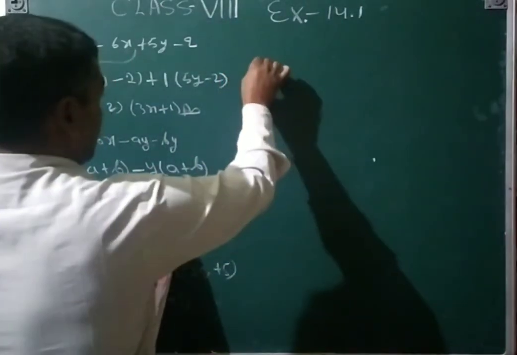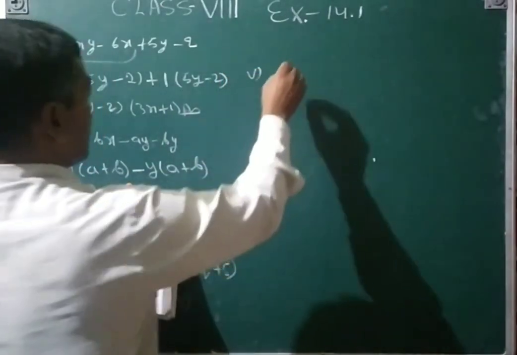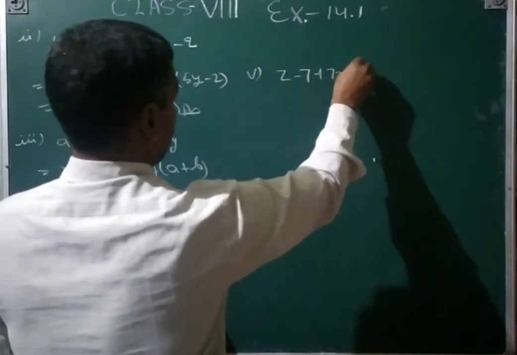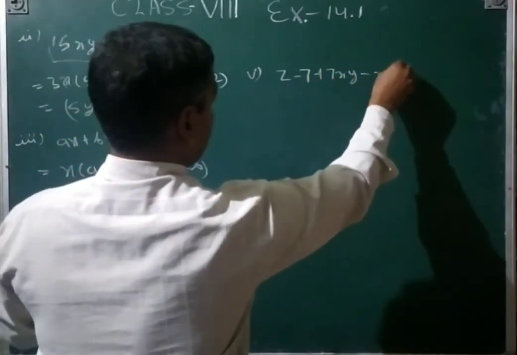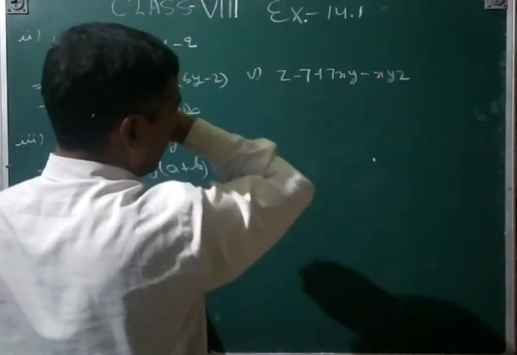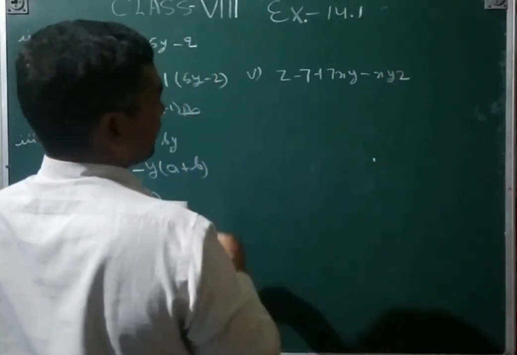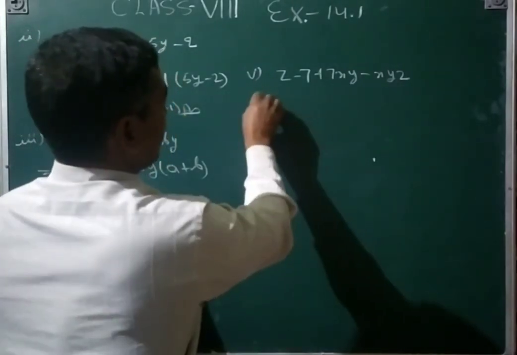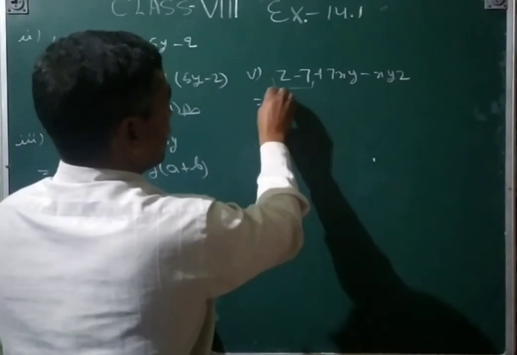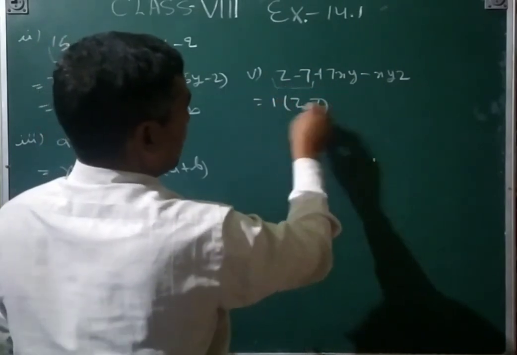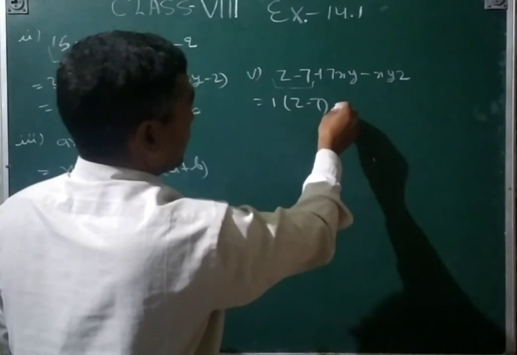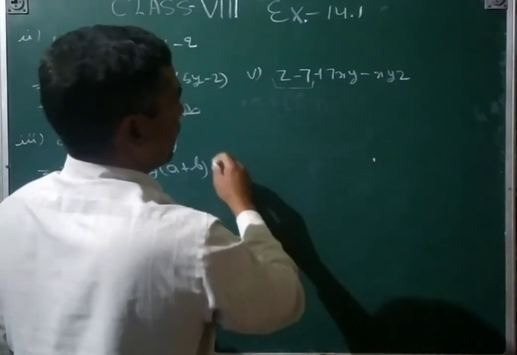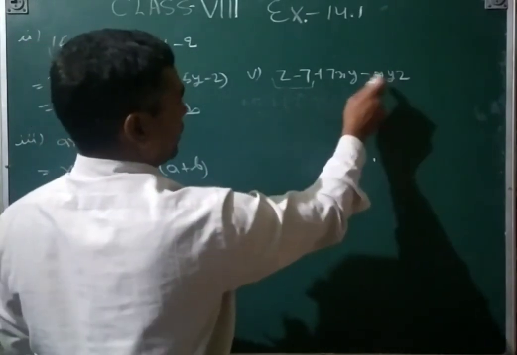And then the last part of this one: z minus 7 plus 7xy minus xyz. Here what we can do, see that in these two there is nothing common, so 1, z minus 7, and then here first of all we will manage this one. This one will come to this side and this one will come to this side.